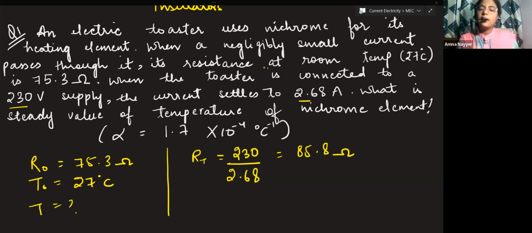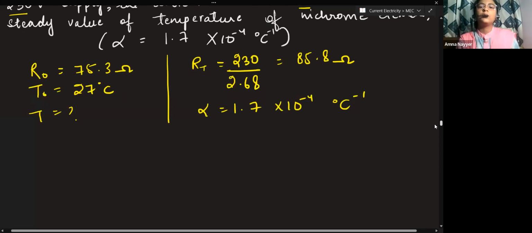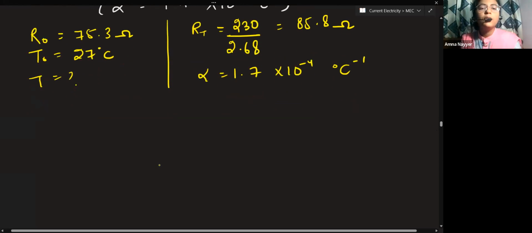T is unknown. Alpha is also given. Alpha is given as 1.7 into 10 to the power minus 4 per degree Celsius. So now you just have the formula for it. RT is equal to R naught (1 plus alpha delta T), where delta T means T minus T naught.